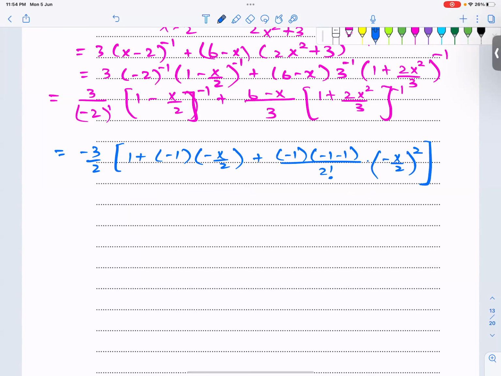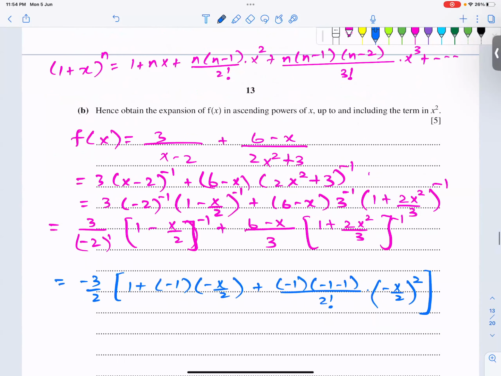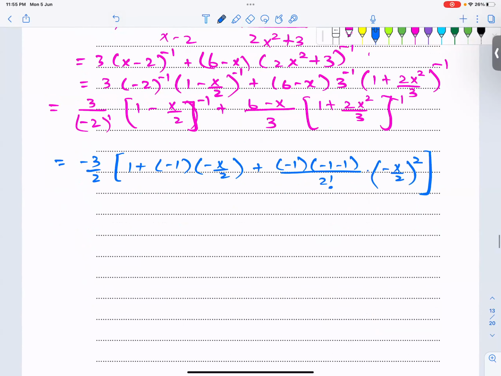Then you will put the bracket because we don't need powers greater than x square. Okay, we only need the powers up to x square. So ignore all the other terms. Next we have 6 minus x over 3 into 1 plus n x. Now here we have the power x square, so we will ignore all the other terms.